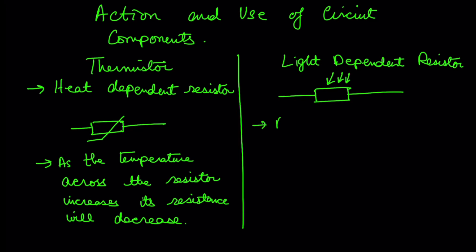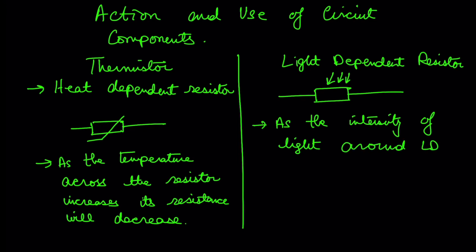So as the intensity of light across or around the LDR, we call it LDR as a short term, increases, its resistance will decrease.